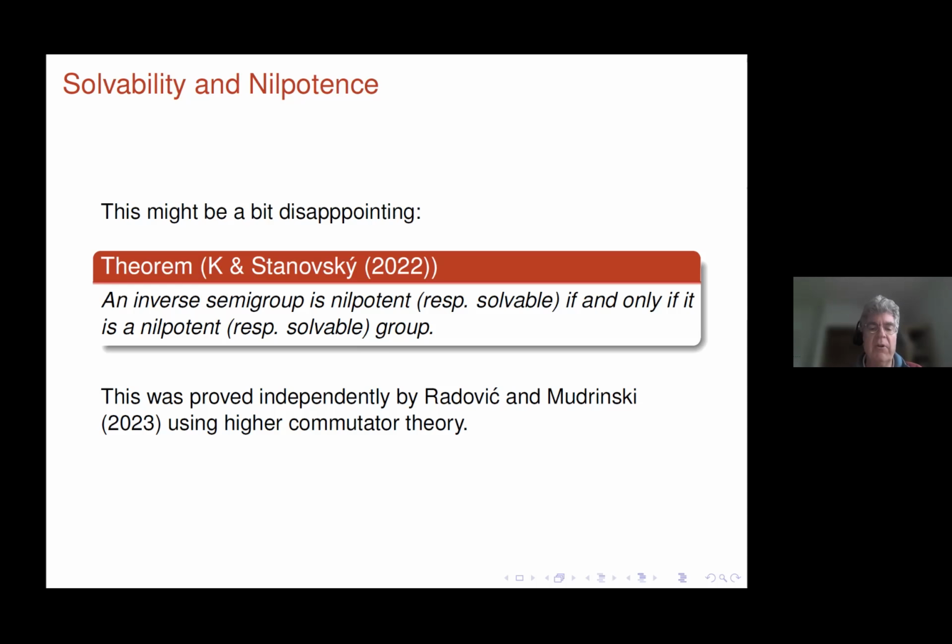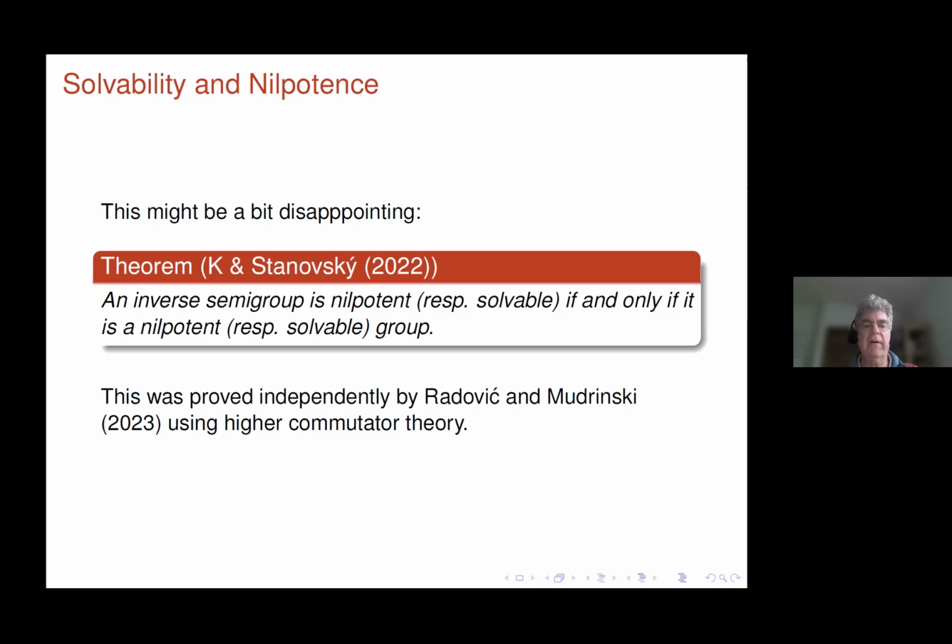And fairly recently, at least I think it was recently, Radovitz and Mudrinsky gave a completely different proof of this using higher commutator theory. So rather than doing it from a semigroup theoretic point of view, which is how David and I approached it, they came at it starting with supernilpotence and the concepts surrounding that.